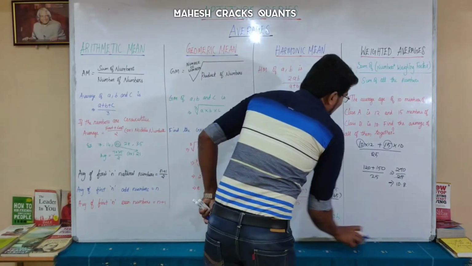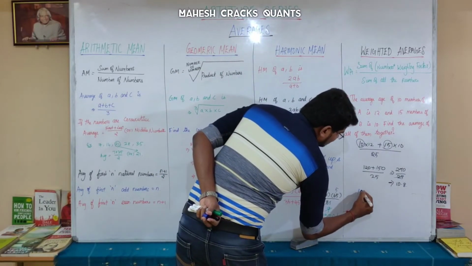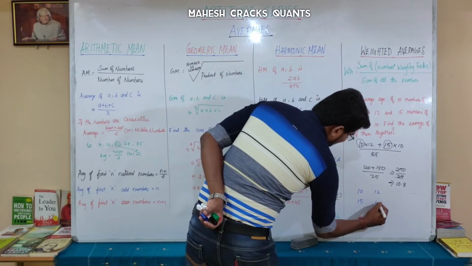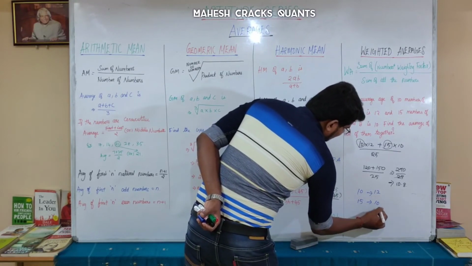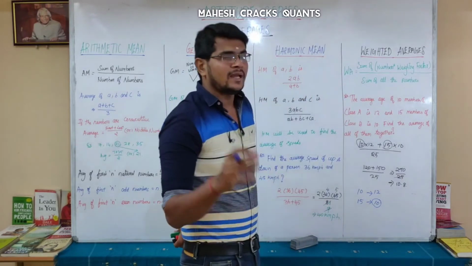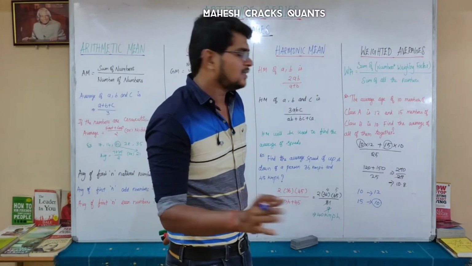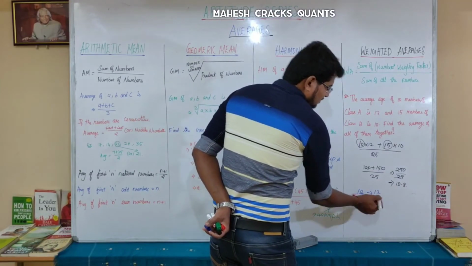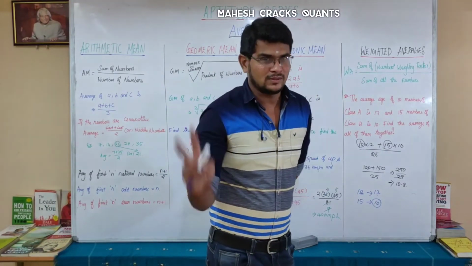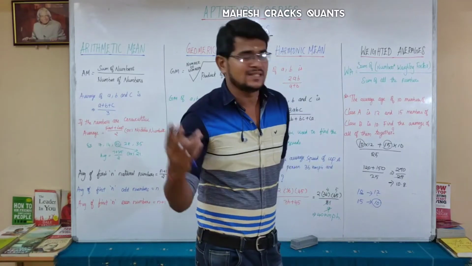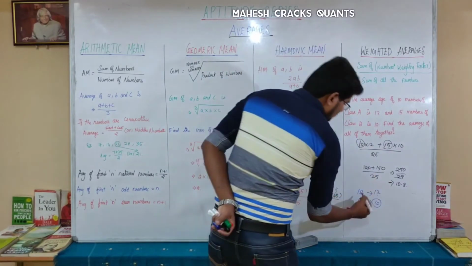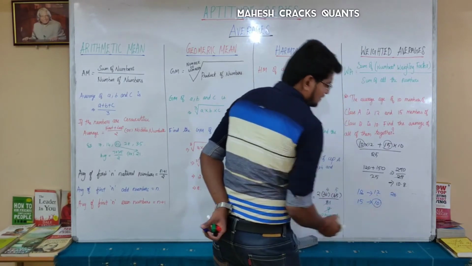Even though you can solve with some other method, I will tell you that method as well. I know that for 10 members, 12 is the average, and for 15 members, 10 is the average. I am going to consider 10 as my whole average. Which means what is there for these 10 members? 2 is extra in each, which means 10 into 2, 20 is extra.